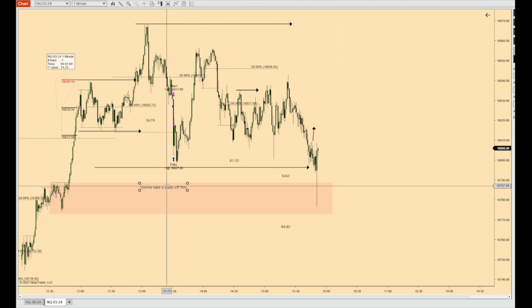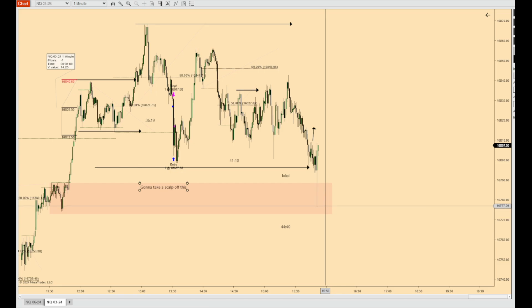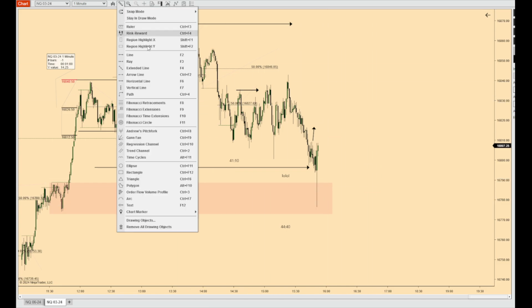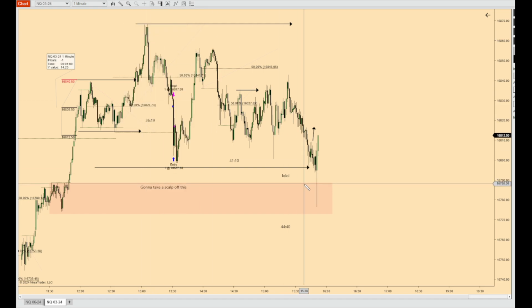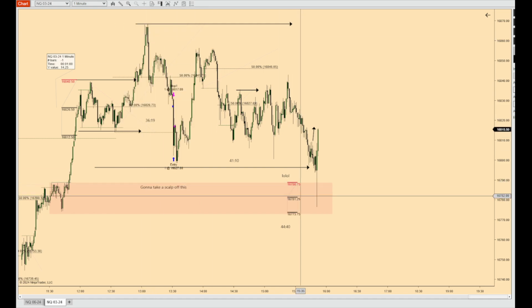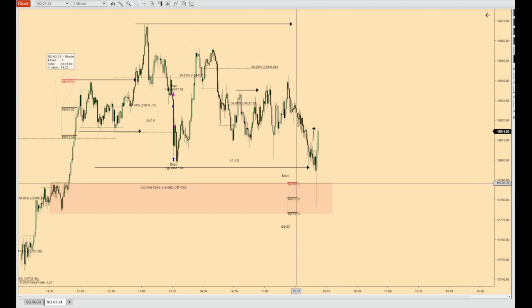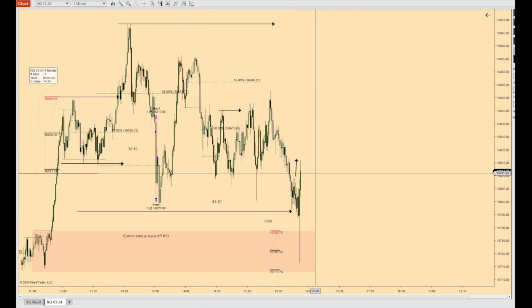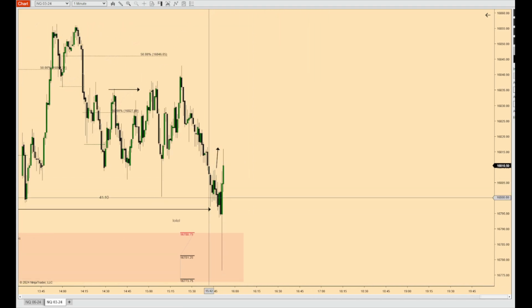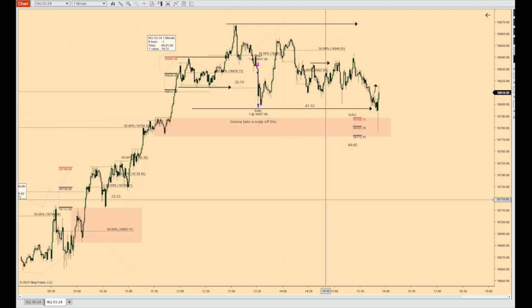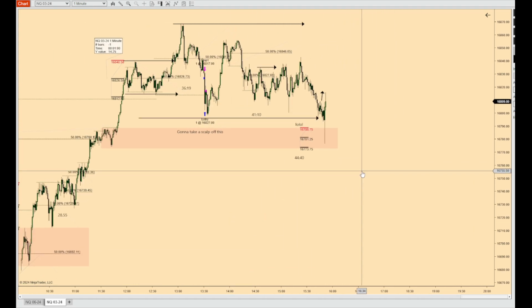I typed it out over here. I wanted to take a scalp off this, but it was at times 10 or times 50, and it instantly snapped back. So that's a nice 7-point trade right there. Right here, I was thinking you could get a little scalp, but we're so close to this, I guess we just snap back in.